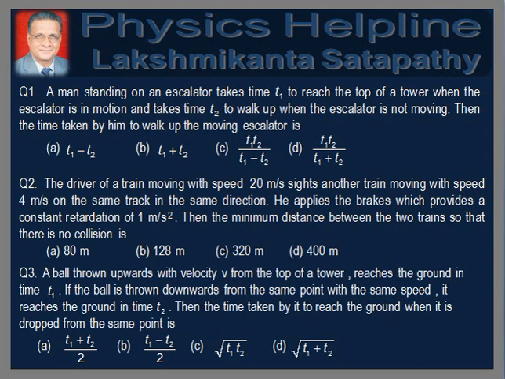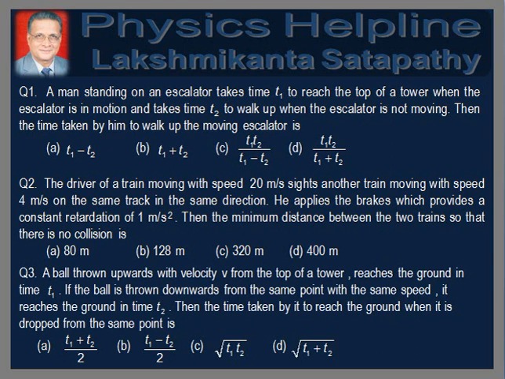Question 3. A ball thrown upwards with velocity v from the top of a tower reaches the ground in time t1. If the ball is thrown downwards from the same point with the same speed, it reaches the ground in time t2.